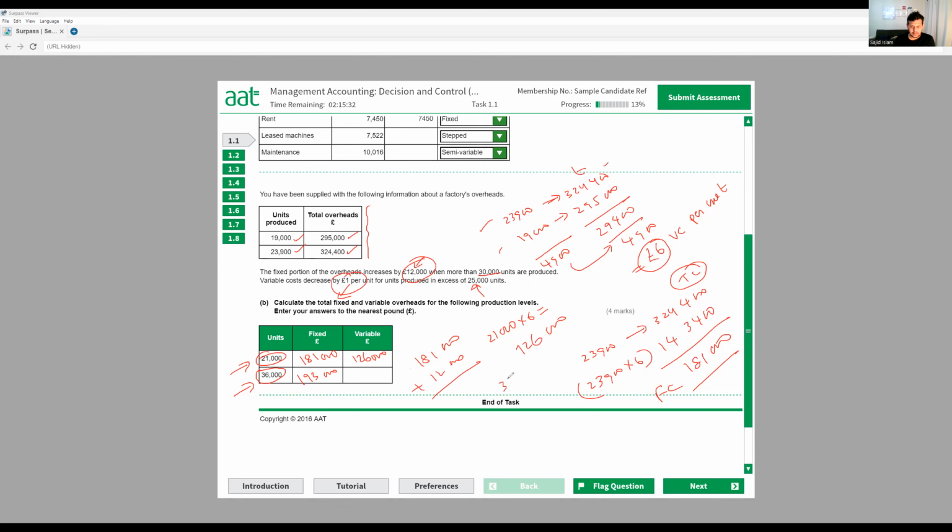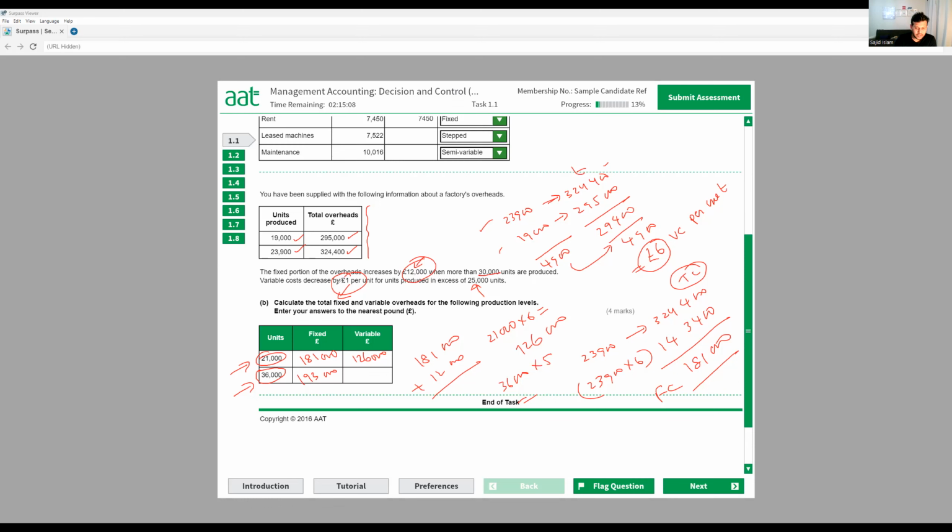So 36,000 units times 5, because the question said if it is more than 30,000 units, the variable cost will be decreased by 1. And that gives me 180.